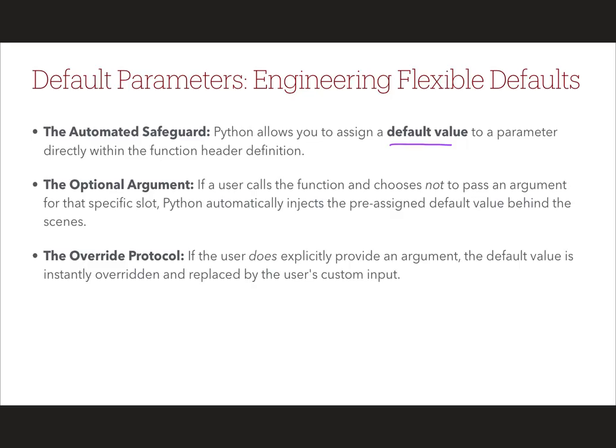We already observed some examples like this when we used the print function. When I call print with hello, then the sep parameter has a default value of space. And this space value is used if I do not provide any value for this parameter sep.